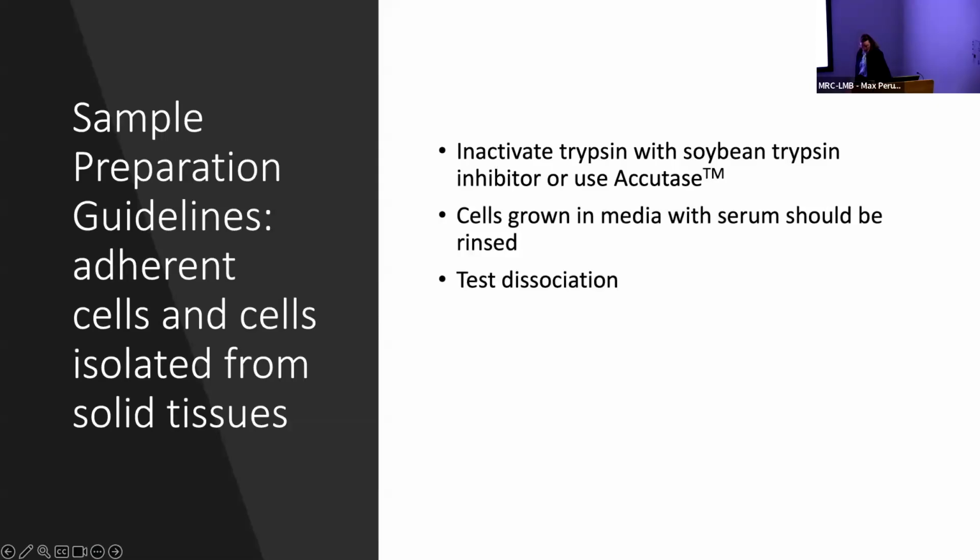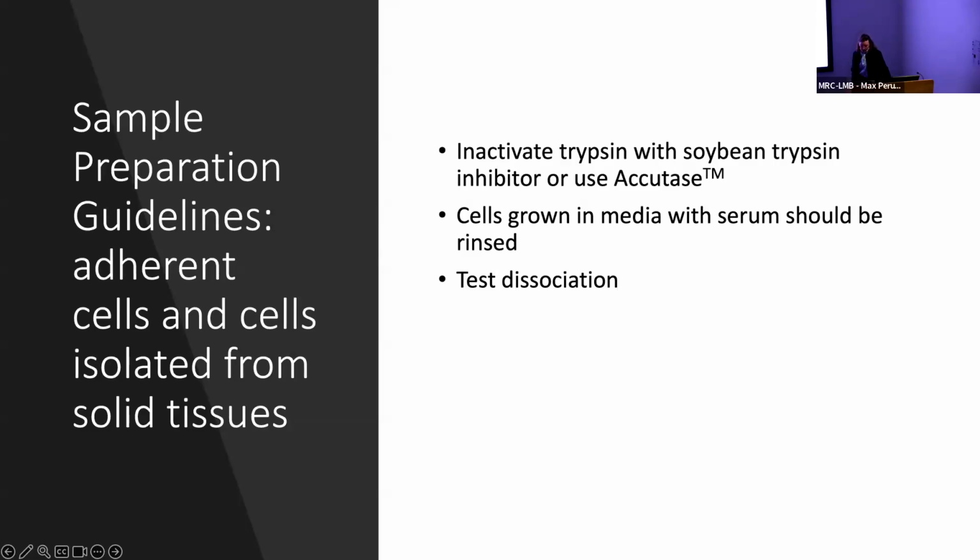We can help you with that if you haven't already been trained on any of the analyzers in the facility. We can, of course, double check the viability if you're testing any dissociation techniques upstream from a very important cell sort. You don't want to put all your eggs in one basket. You should probably do any pre-optimization experiments first if you're unsure.